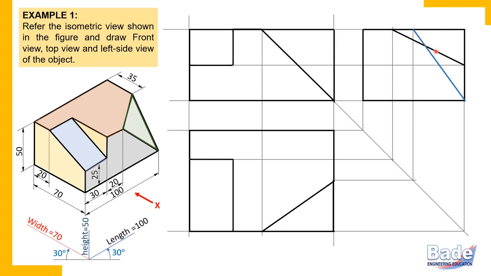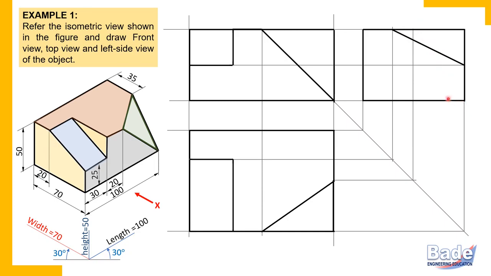Now compare position of these two edges with reference to observer. This is left side view. That means observer is watching from left. So when observer is watching from left, this edge is nearest to the observer. So that is visible. So this edge which we have drawn earlier, that is edge for this surface. This edge is visible. That means the other edge, this edge is hidden.